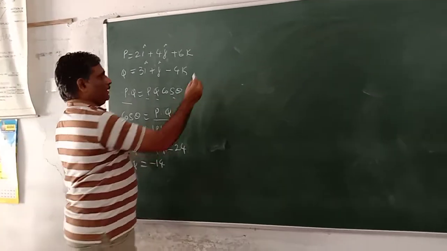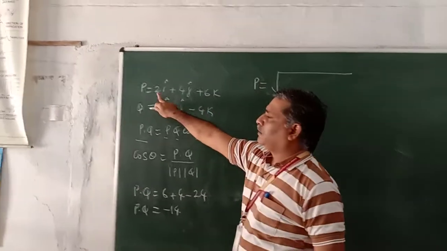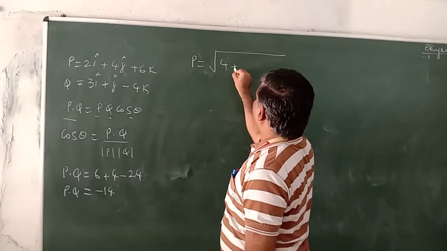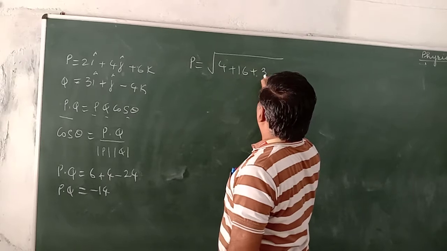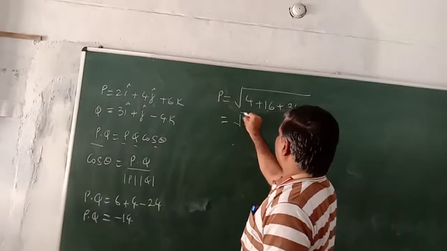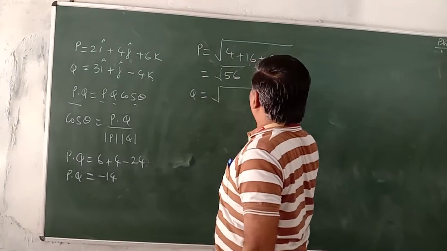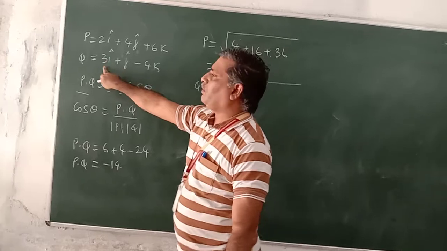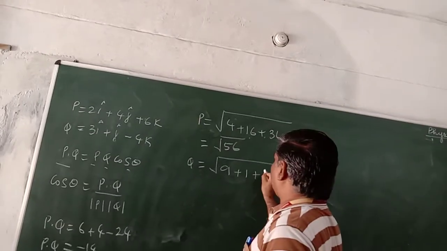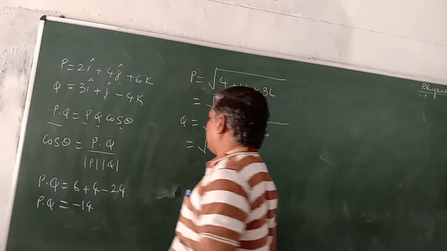Then magnitude of P is equal to under root square of this 4, square of this 16, square of 6, that becomes 56, under root. Magnitude of Q is equal to under root 9, square of this plus square of this plus 16, which becomes 26.